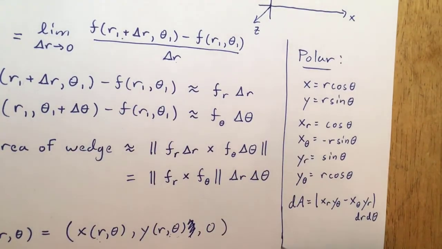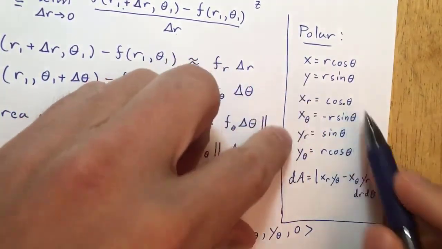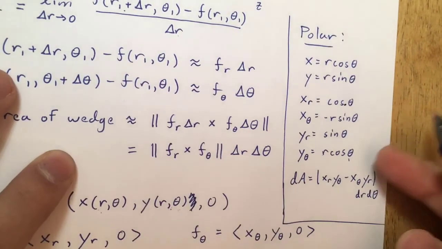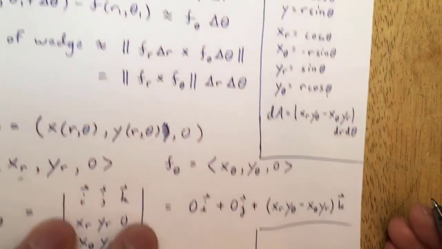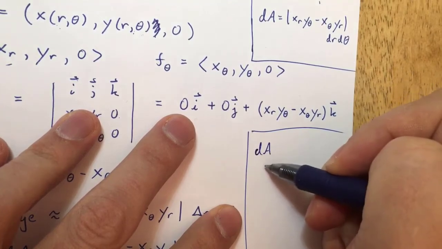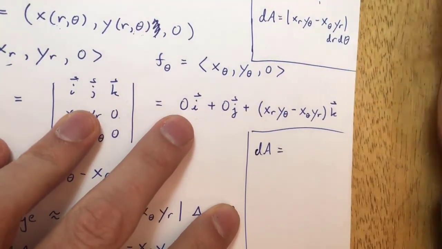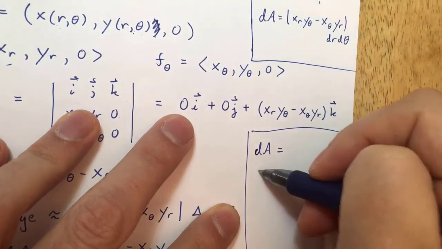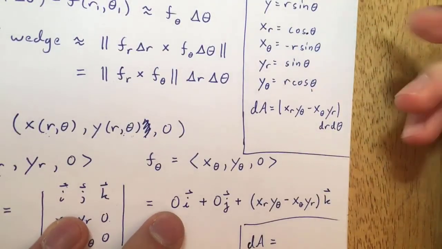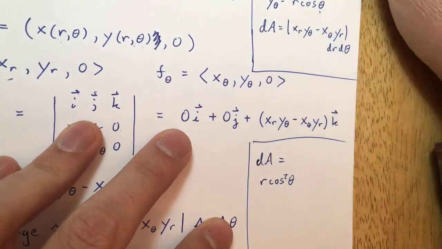Well, what is this stuff? xr times y theta is r cosine squared theta. So dA is going to become xr y theta, which is r cosine squared theta. And then what about x theta yr?